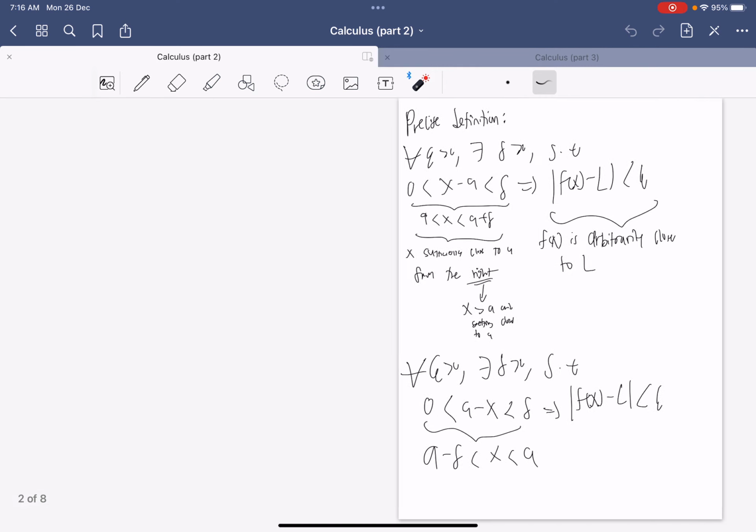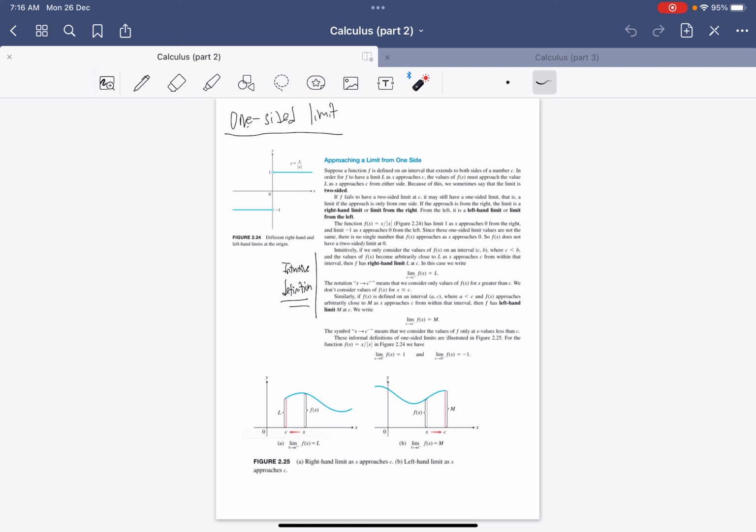So, for example, in this case, the limit on the left is minus 1 and the limit on the right is 1. And so, we can say that the limit does not exist because they do not converge to the same value. And so the limit exists if and only if the left hand side and the right hand side limits exist and are equal to each other.